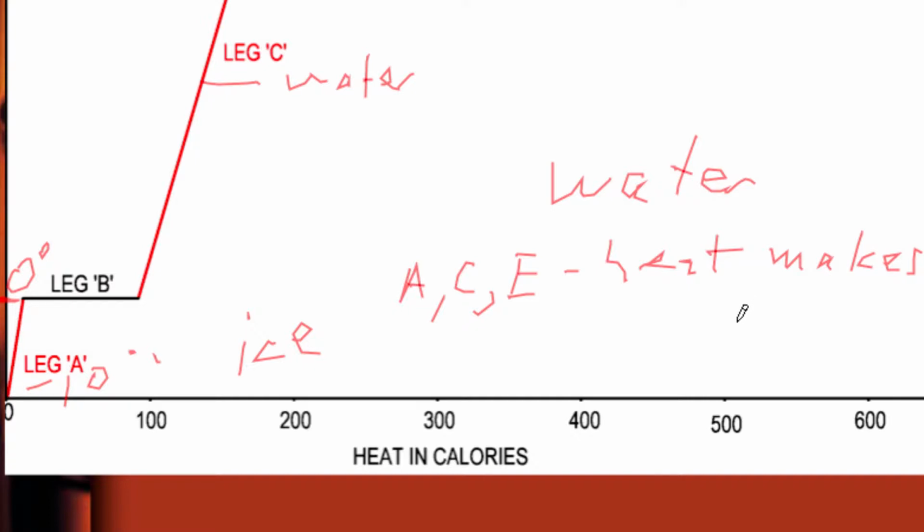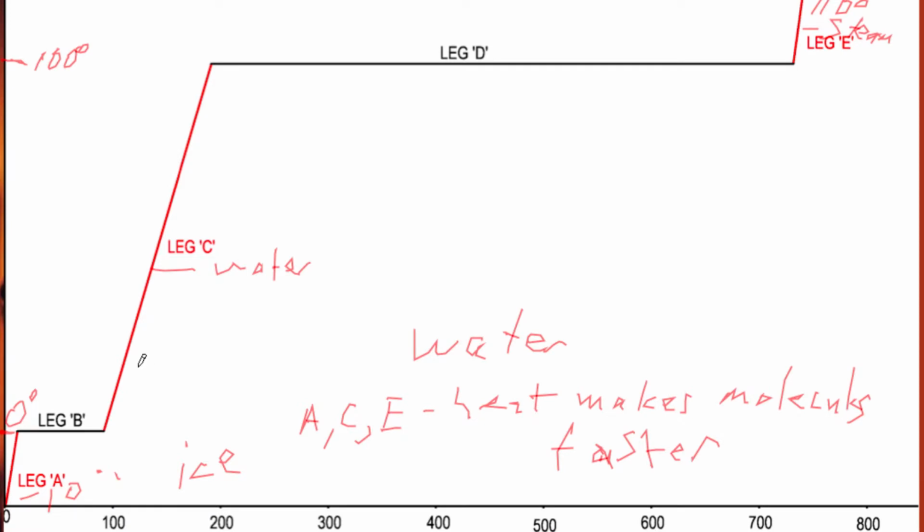So heat makes molecules faster. All right, so the energy is being used to give the particles more kinetic energy and thus more motion, and we register that by measuring the temperature, okay? So those 3 are pretty easy. You've always learned that when you add heat to something, it gets hotter. That just makes sense. What we have to talk about is what happens in leg B and leg D.